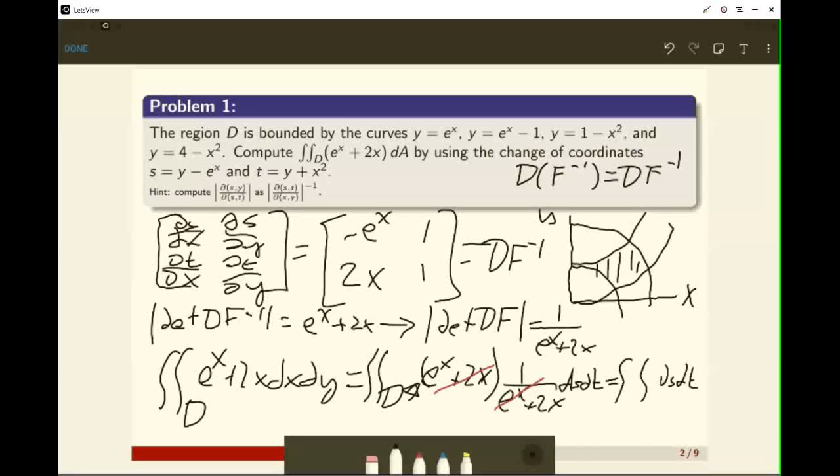And so here, like I was saying before, s, because it's governed by the two exponential coordinates, is ranging from the lower bound when s is equal to -1, and the upper bound when s is equal to 0.